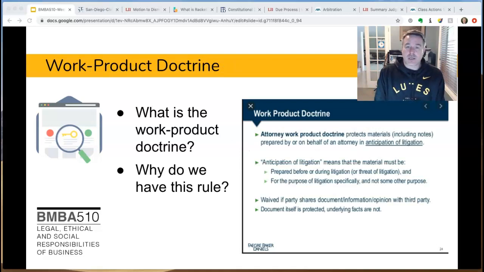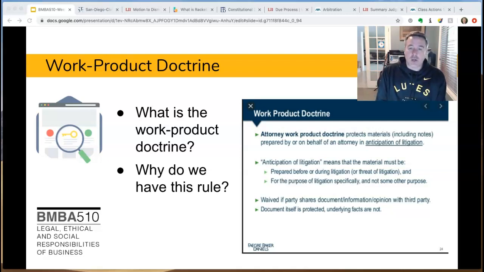And this relates to the work product doctrine. So what the work product doctrine means is it's slightly related but different than the privilege. So if I am producing work for my client in anticipation of litigation, then my work product is not discoverable.